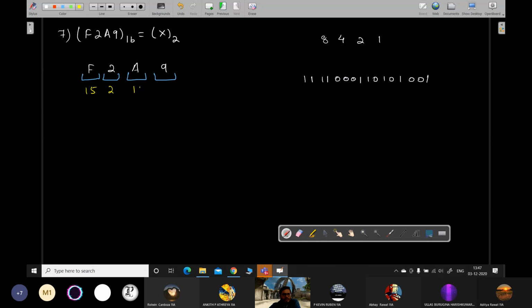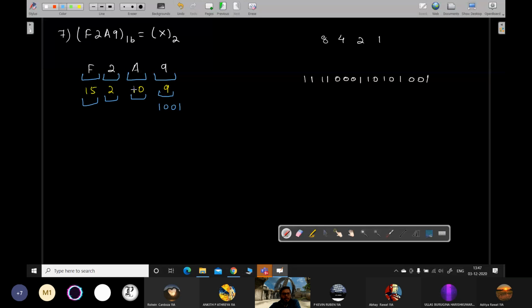A is 10. 9 is 9. How will 9 come? 1 and 1 here, and both in the middle will be 0. So you will get 1 0 0 1.